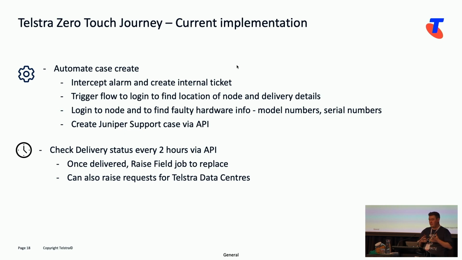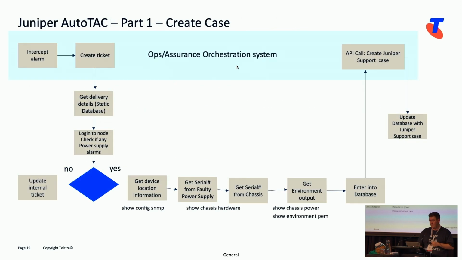So let's actually have a look under the hood and see how it works from a technical point of view. On here, first of all, the blue up there, that's our orchestration system. Now, Telstra uses a Node-RED-based orchestration system, and we really like Node-RED because we've been able to build modules to interact with different Telstra systems, and it's very customizable so that we can build more features into it.